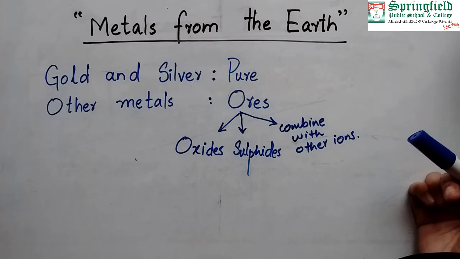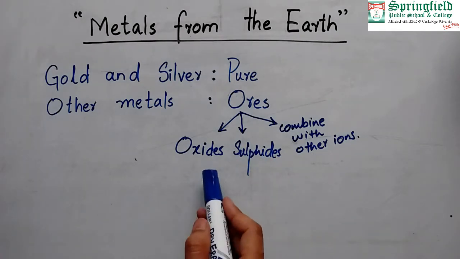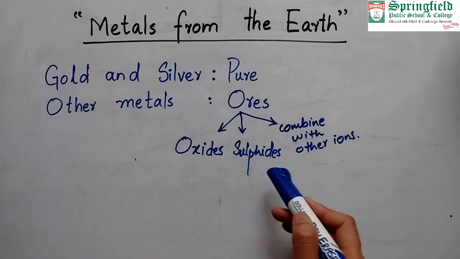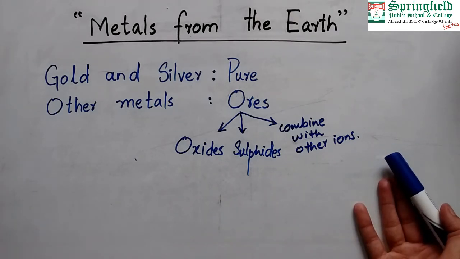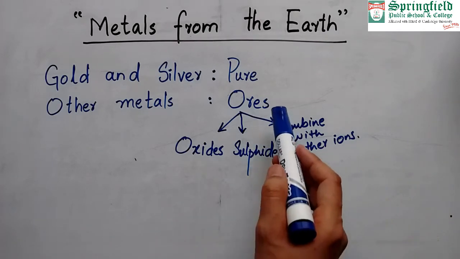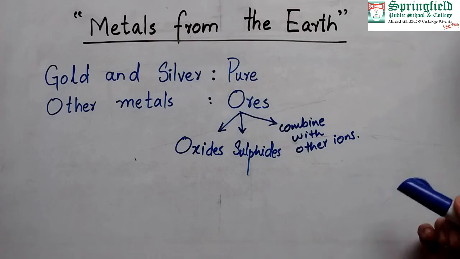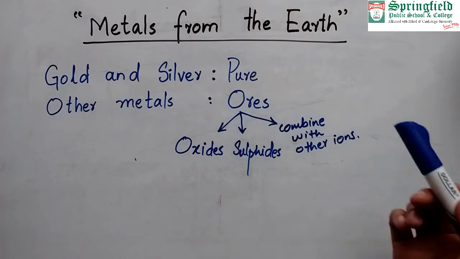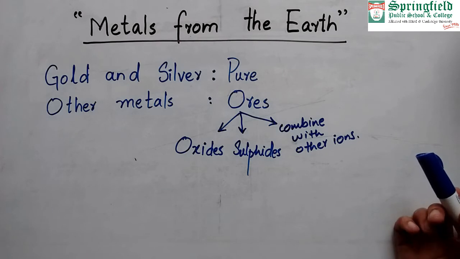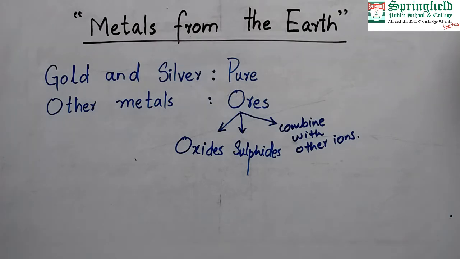They are found in the form of their oxides or sulfides or chlorides, combined with any other non-metallic ion. So we call these combinations ores, and we extract the metals from earth in the form of ores. Then we purify these ores to extract the pure metal.